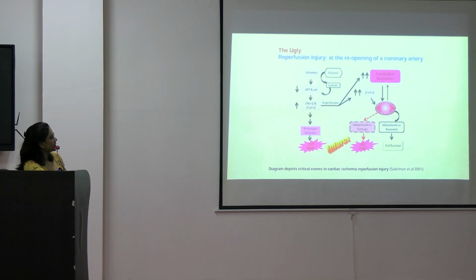Okay. So here we are saying that up until the increased concentration of sodium and calcium, these are the stages of reversible cell injury. From here the cells can go back to their normal functioning. So when the reperfusion is done at this phase, if most of the cells are in their reversible cell injury form, the mitochondrial damage is going to be repaired, and the cells will undergo survival.